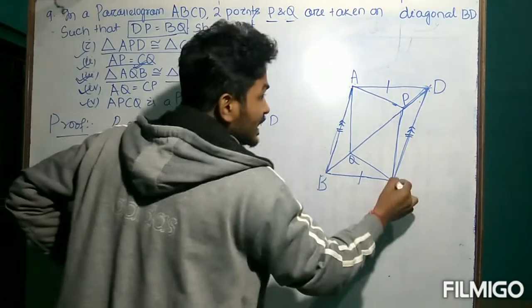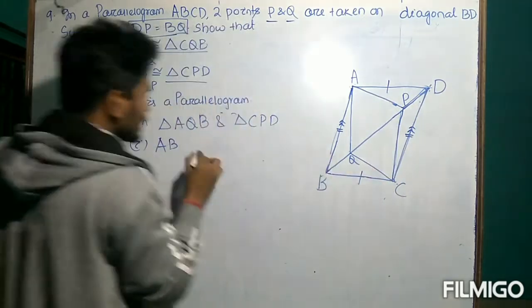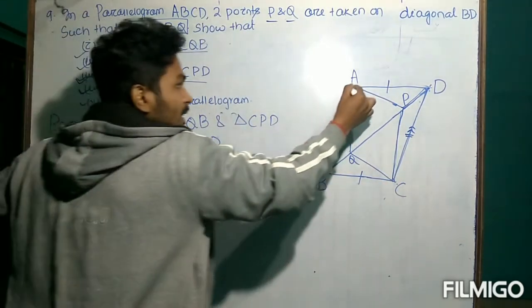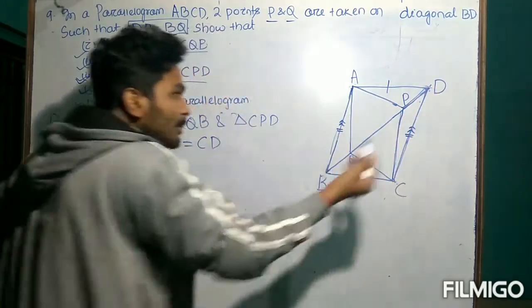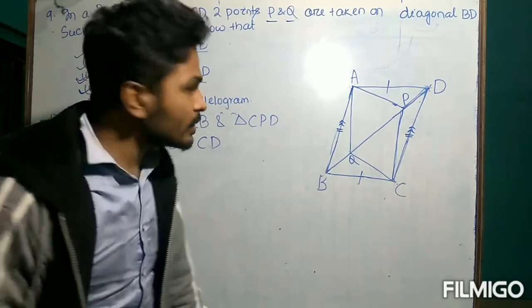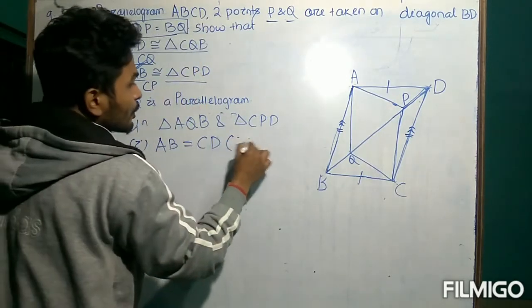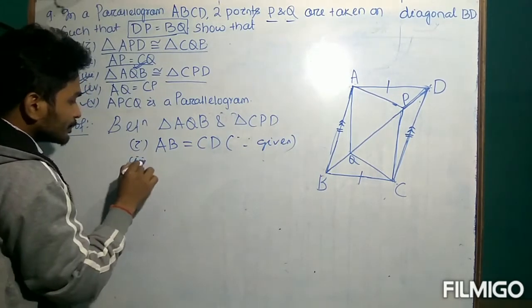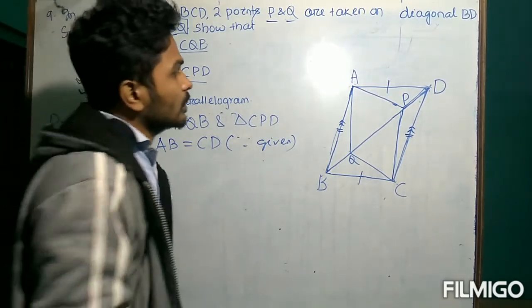For the triangle CPD, CD is a side. So we can write that AB is equal to CD. Why? Because it is a parallelogram and the opposite sides must be equal. So AB is equal to CD. It is given. Second statement or the second condition.